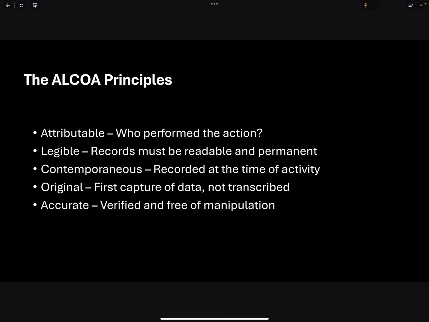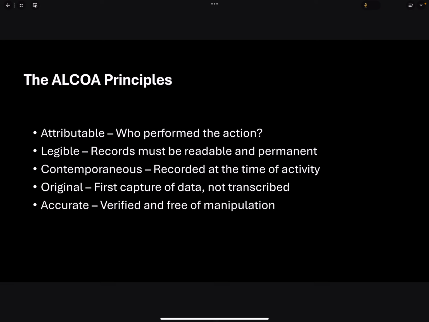Now, let's talk about a famous concept called ALCOA. It stands for attributable, legible, contemporaneous, original, and accurate. Basically, each record should show who did it, what they did, when they did it, and it should be clear and true to the original.